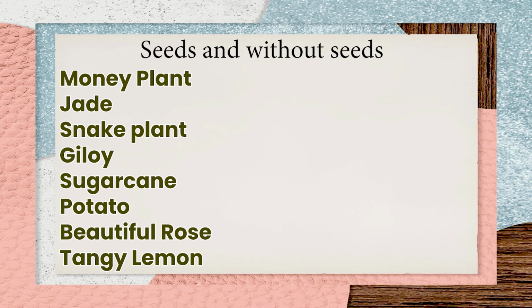Can you name some plants which grow without growing seeds? Please think. Okay, I will help you here. Some commonly found plants around you are money plant, jade, snake plant, giloy, which is commonly used in Ayurveda, sugarcane, potato, the king of all vegetables, beautiful rose, tangy lemon, mint, used for chutney, which are some examples of plants which grow by stem.